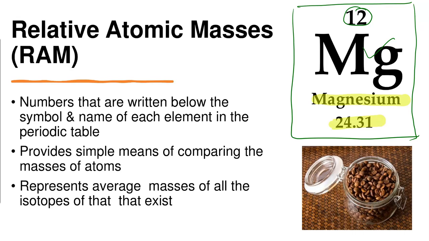This number is what we refer to as the relative atomic mass, because this number provides a simple means of comparing the masses of atoms, and it represents the average mass of all the isotopes that exist for this atom. This atom exists as isotopes, so usually what we do is get all these isotopes and calculate the average.